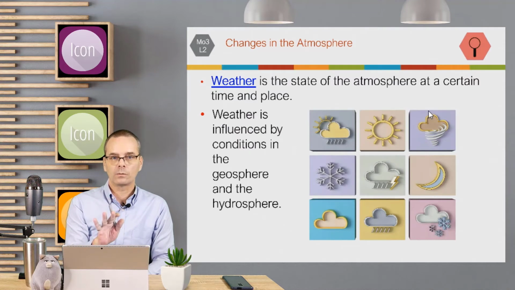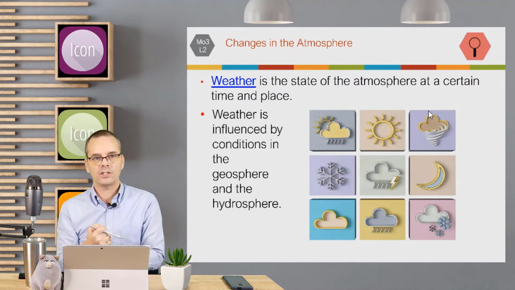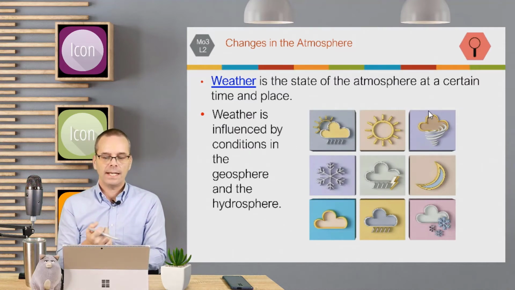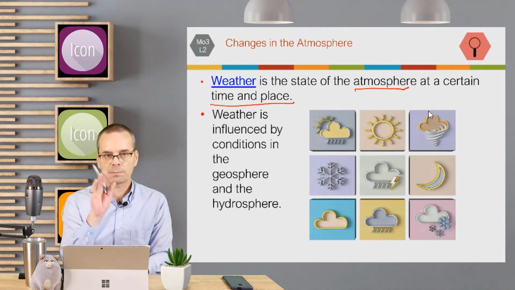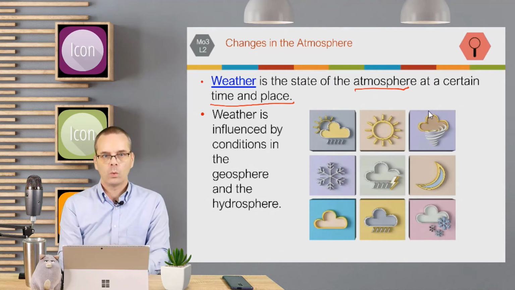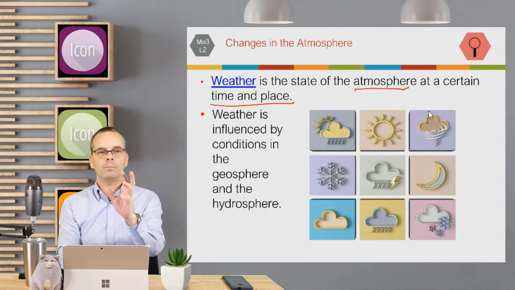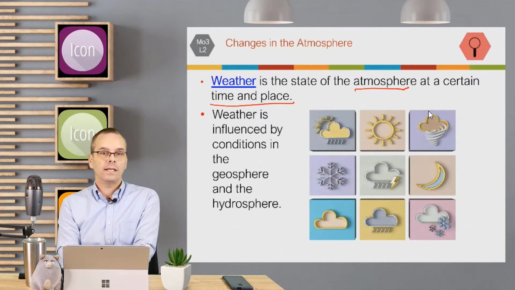Now weather, when we talk about weather or changes in the atmosphere, it's about what is the atmosphere at a specific time and a specific place. What is the weather in Bangkok on Friday, May 4th? What is the weather in England on Tuesday?